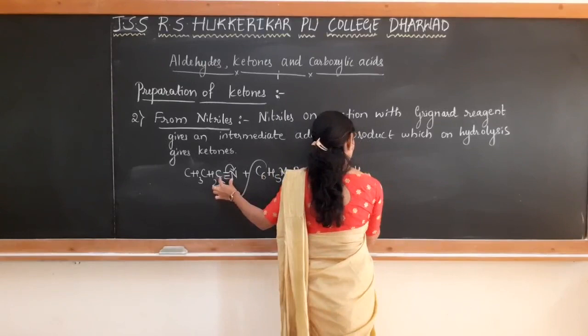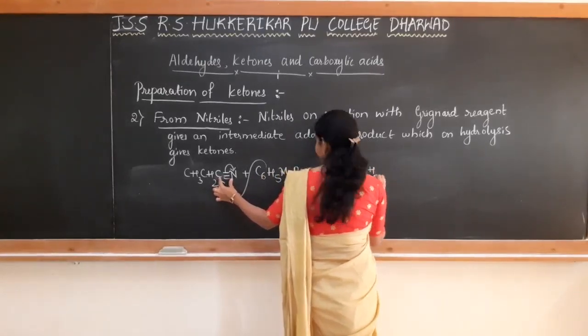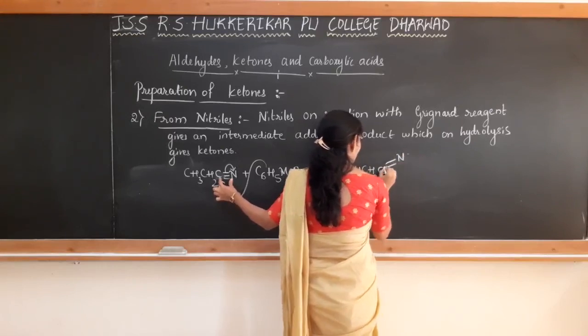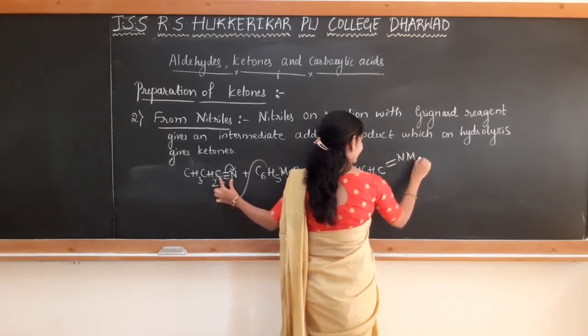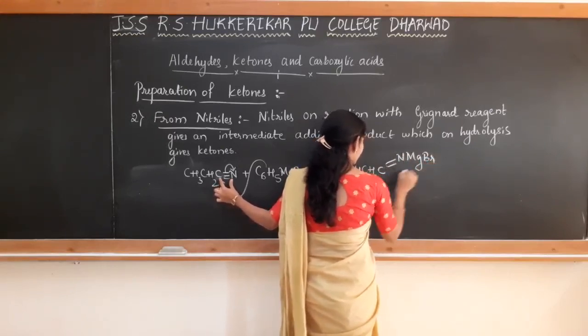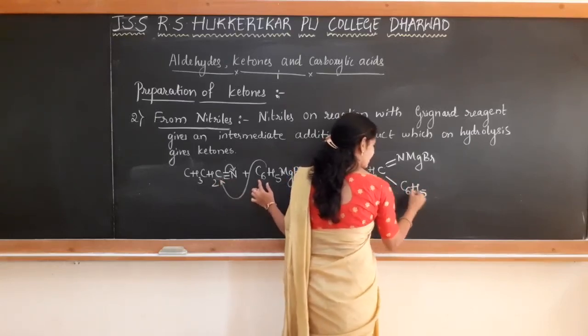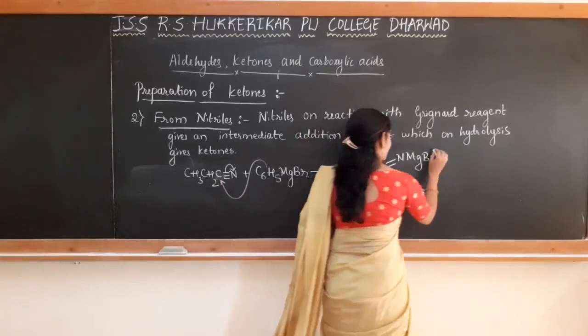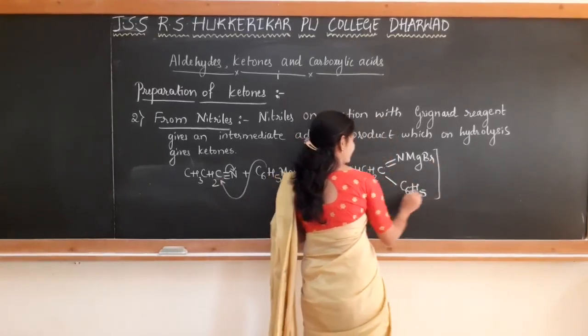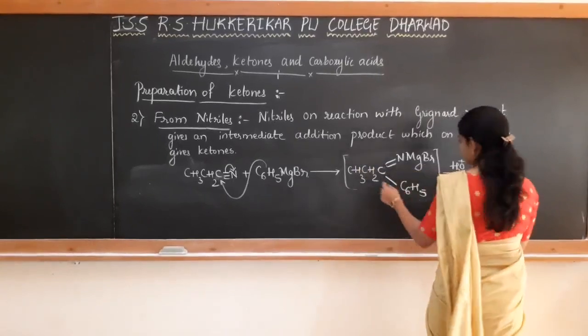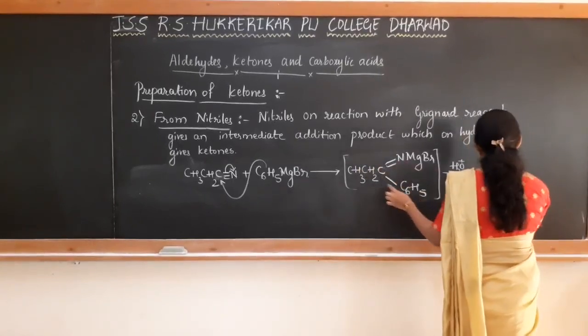So there is a formation of CH3CH2C=N, with N-MgBr, and this carbon is connected with the phenyl ring, C6H5. Now this is the addition product formed, which on further acid hydrolysis results in the formation of the ketone.